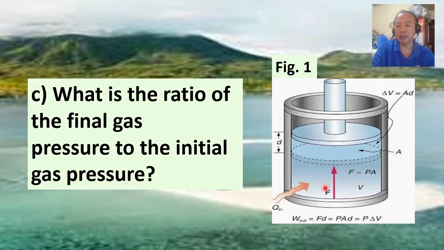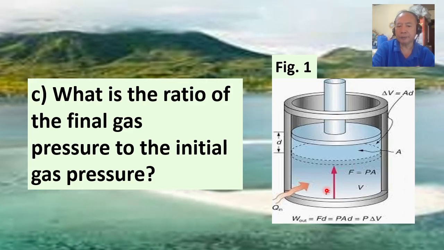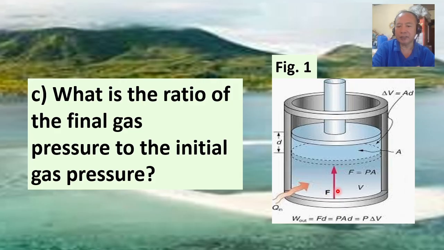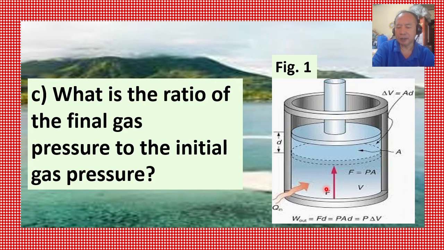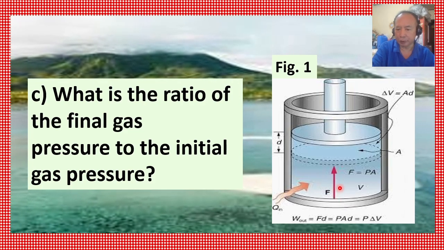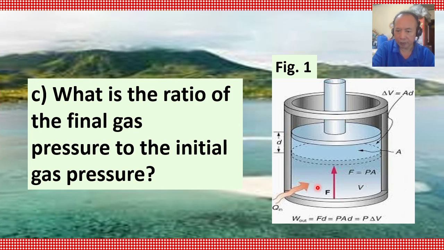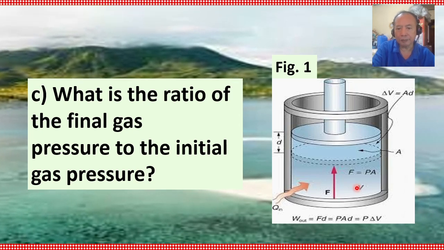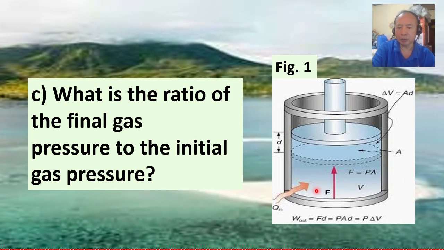Initially we have the volume of the gas at a given initial absolute temperature, as well as an initial gas pressure.